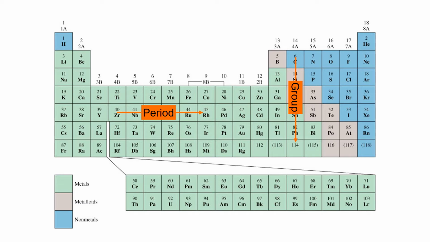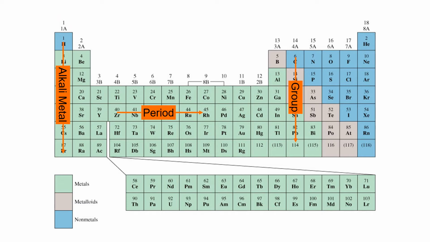And then we have this other smaller group that follows this zigzag line down at a diagonal. These are the metalloids, and the metalloids are going to have properties of both metals and nonmetals, depending upon what their identity is. So I said that some of these families have names that you need to know.